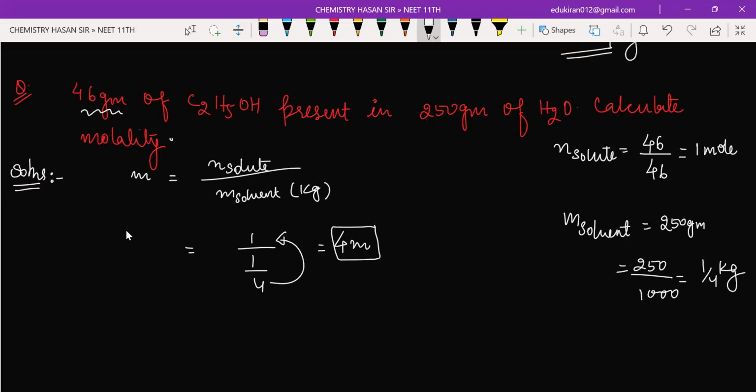So now I'm going to give you another question, and that is 46% weight by weight C2H5OH in aqueous solution. I hope everyone knows what aqueous solution means, right? Yes. Calculate molality. Very good, Rishita.